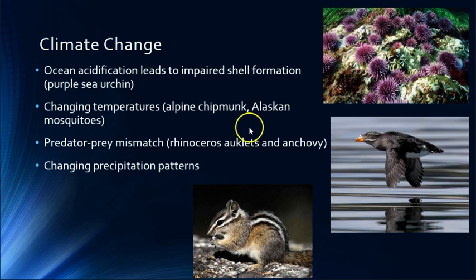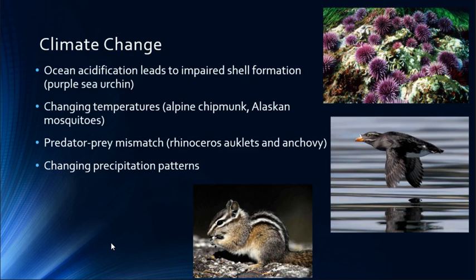But you also have issues where you have changing ranges. Alpine chipmunks need a colder environment. Here's one right here, very cute. And so they are moving farther and farther north. Mosquitoes in Alaska like warmer things, and so they are also moving farther and farther north up the tree line as things get warmer.